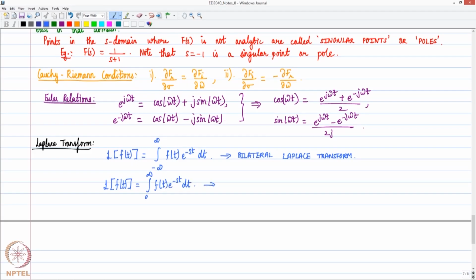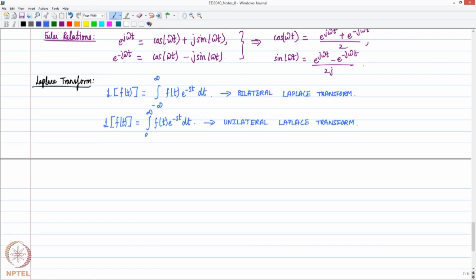That is the unilateral Laplace transform.